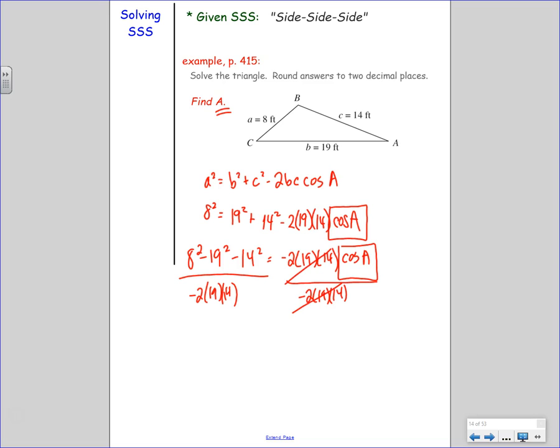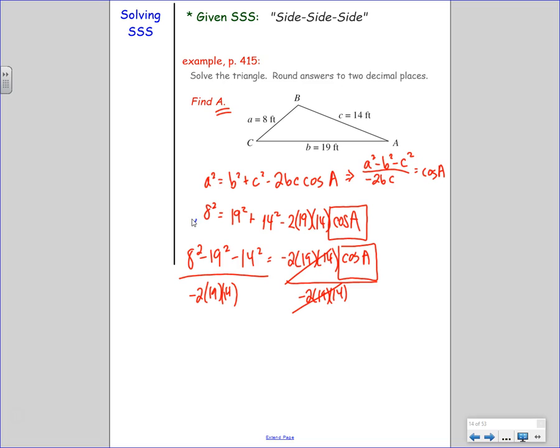Those of you guys that plugged into the rearrangement, yours should look very, very similar. Go look at the rearrangement real quick. Cosine of A equals. Now what's weird? Something's different. Yeah, the signs are different. Because in the rearrangement, instead of saying a squared minus b squared minus c squared all over negative 2bc equaling cosine A, what does the rearrangement do?